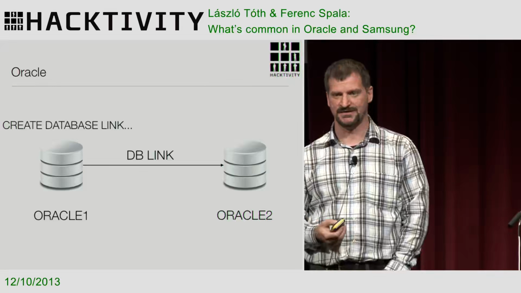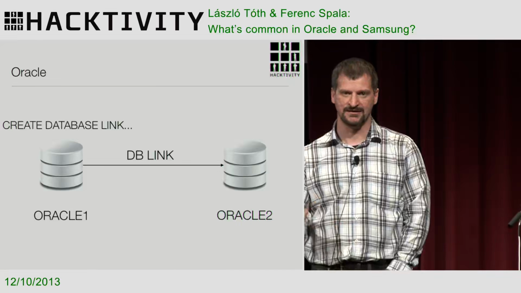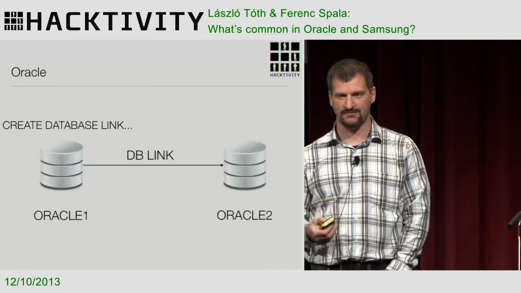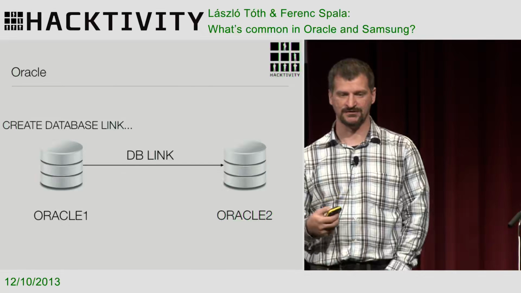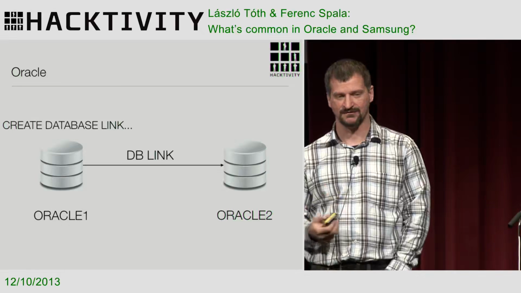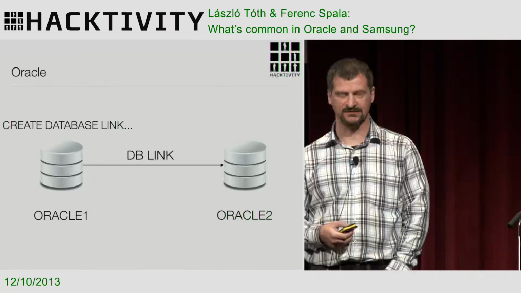With the help of database links, a user can connect to a remote database while logged into a database. You can create a database link in a way where the username and password are stored in a normal table. So when the user tries to use the database link, he doesn't have to know the username and the password of the database link.